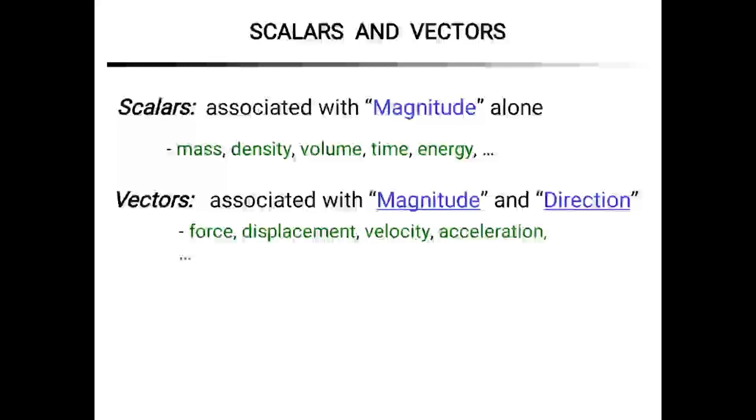In case of acceleration, we can consider that the weight of the body acts towards the center of the earth. So it is called the acceleration due to gravity, small g. The unit is meter per second square, which means it is acting towards the center of the earth. So it is the direction of the force. This one is called a vector quantity.